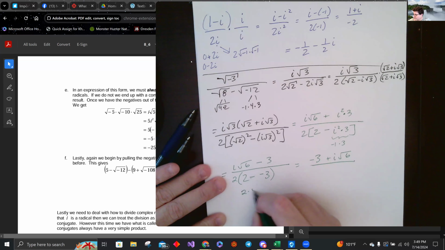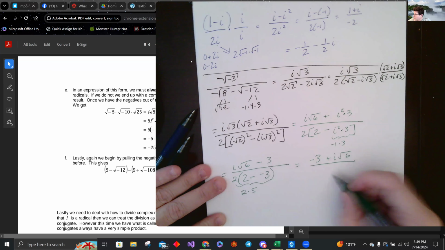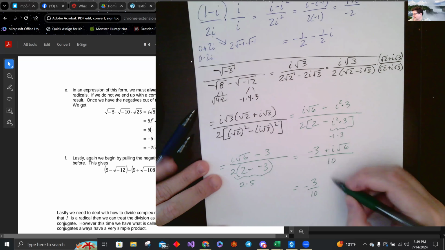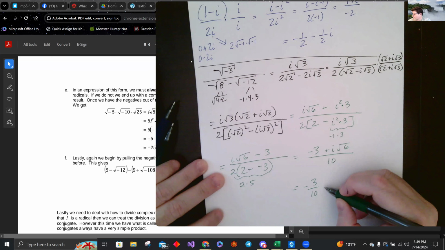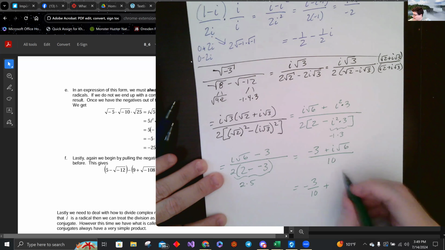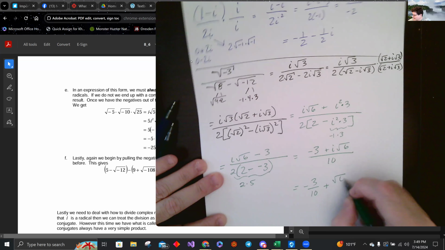So I would have -3 plus i root 6 over 10. And separating it out, I have -3/10 plus 1/10 i root 6. They might do it like this.